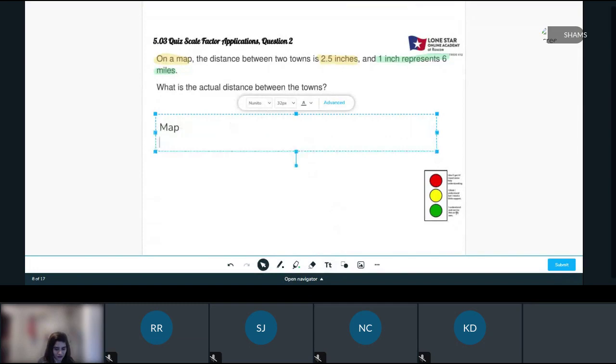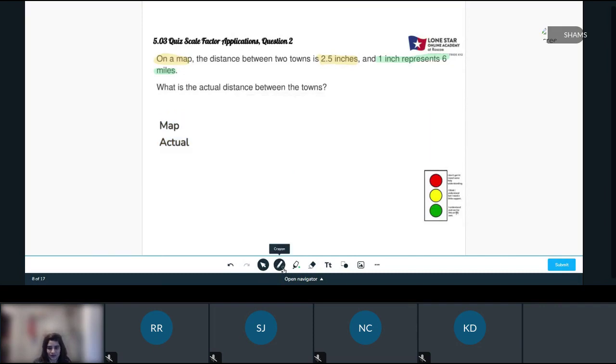Map to actual. And they say the map to actual, 1 inch represents 6 miles. So I'm going to say, okay, 1 inch represents 6 miles. This is the connection. This is the scale factor, right?